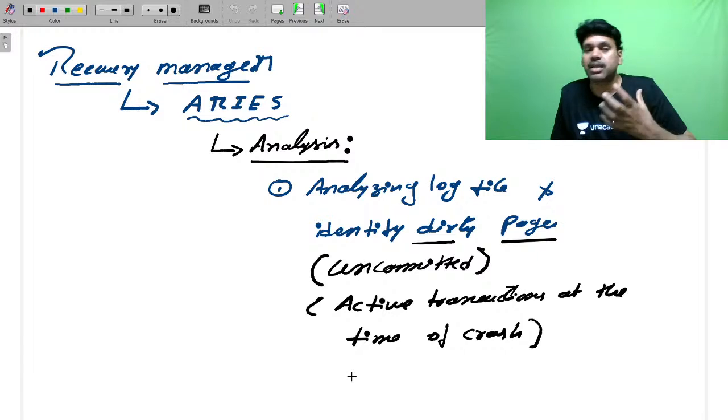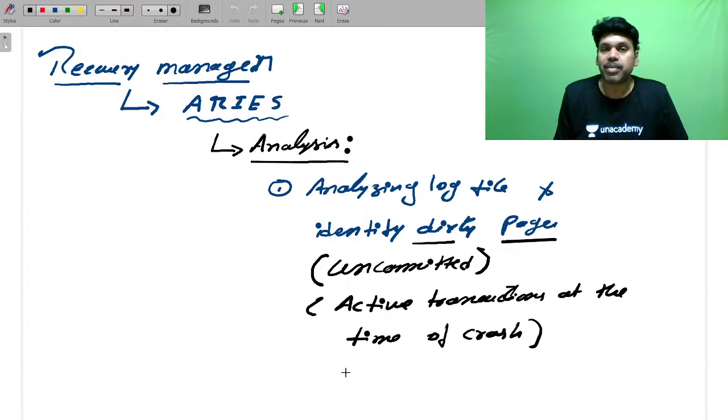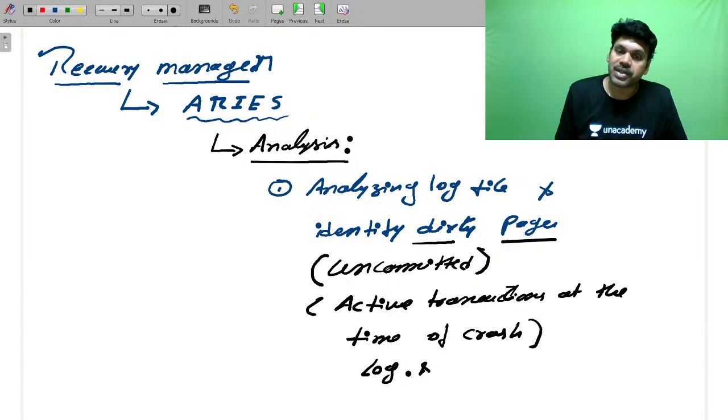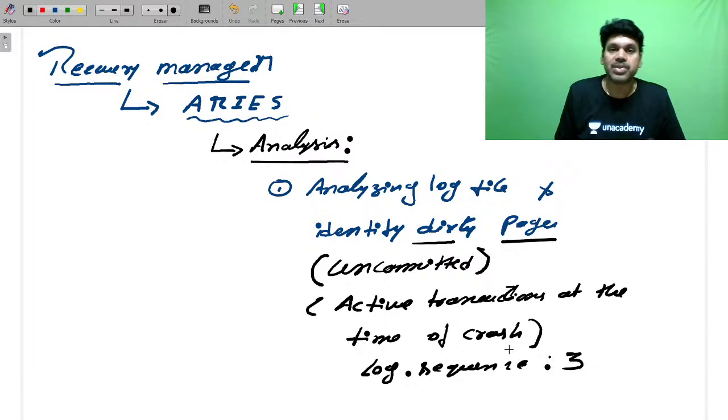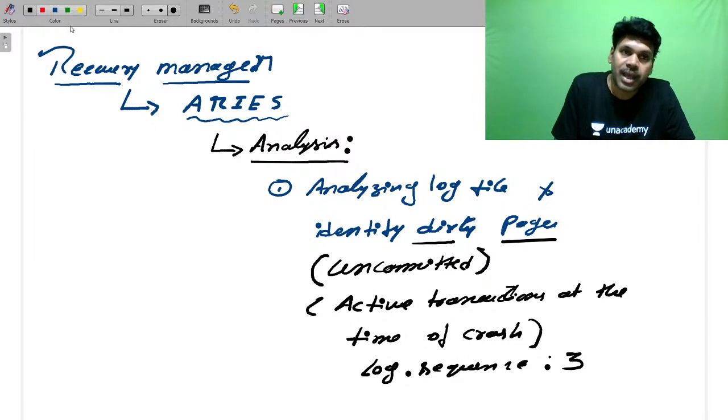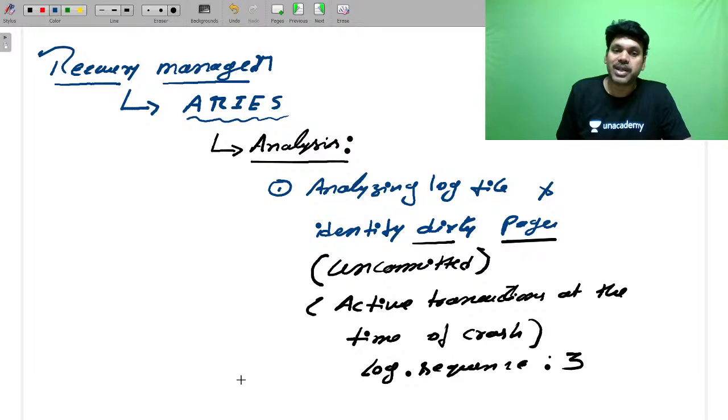It also takes other sequence numbers, but we are not going to take them because of the partially committed one. So we understand that log sequence number 3 is dirty because it is trying to write to the database, but it couldn't because the crash happened before commit. And immediately this information will be transmitted to redo. So what the redo phase is going to do is reapply the same operation once again.